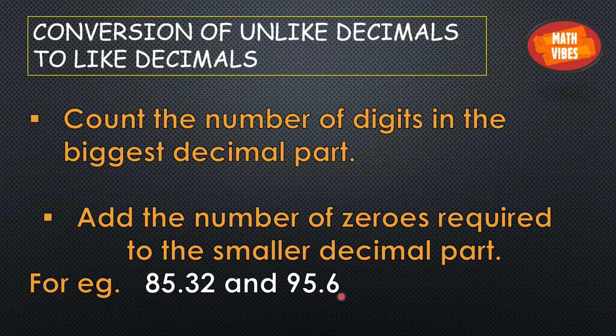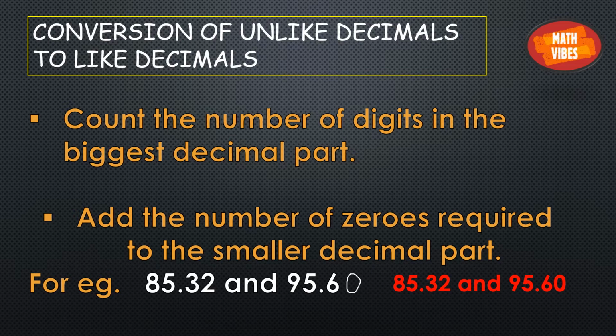So here 95.6 was the smallest, right? And here we have counted that there are two decimal places. So in order to make this 2, I need one more digit. So I will add one more digit to it, and then it will become 85.32 and 95.60.